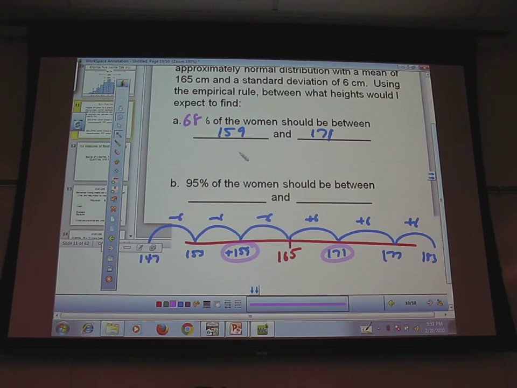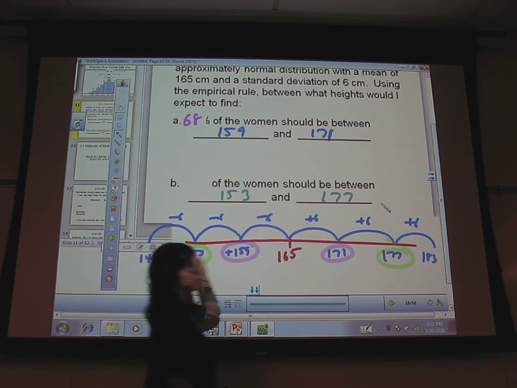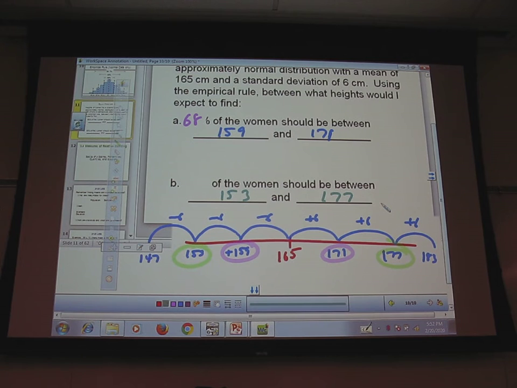And then your other question was, what percent should be between 153 and 177? So then you look up here and you'll say, oh, that's 2 this way and 2 that way, so that should be what percent? 95%.